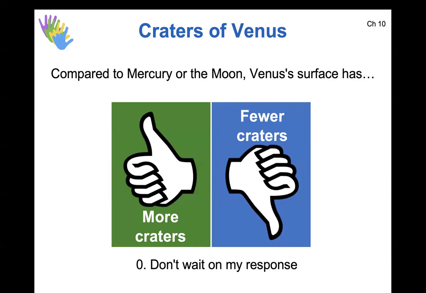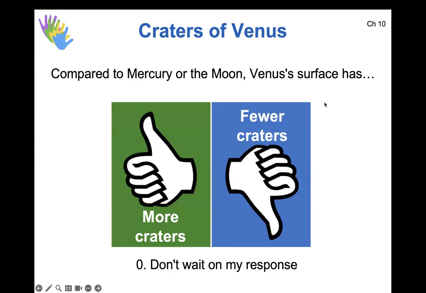Does Venus's surface have more craters or fewer craters? And you have to go off some pretty limited information here, or something that you have known by reading ahead or whatever. But just think about what we've been talking about, some of its conditions. So let me just get a couple of best guesses here.